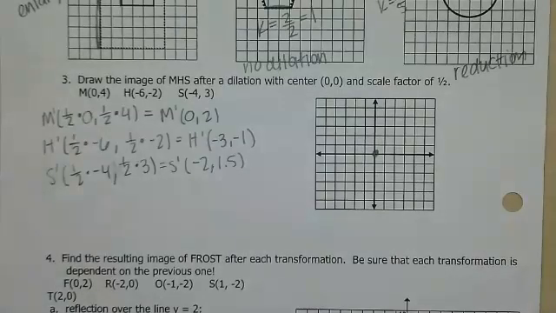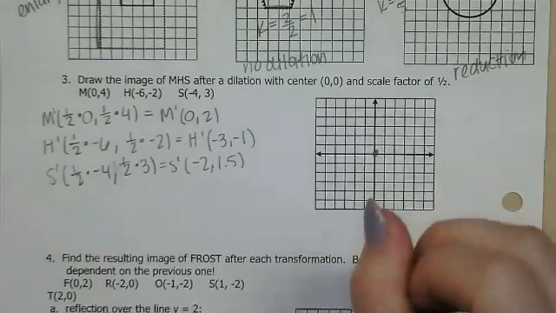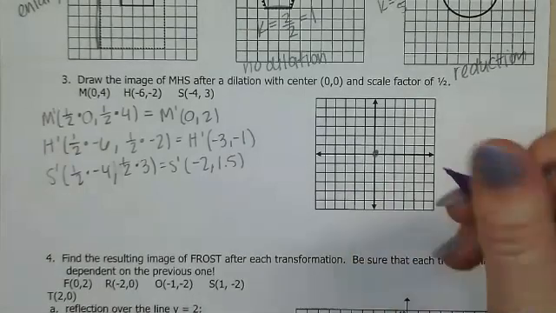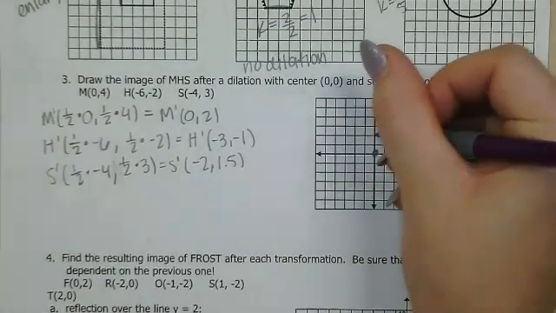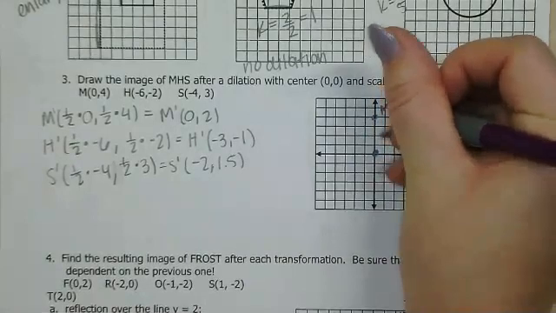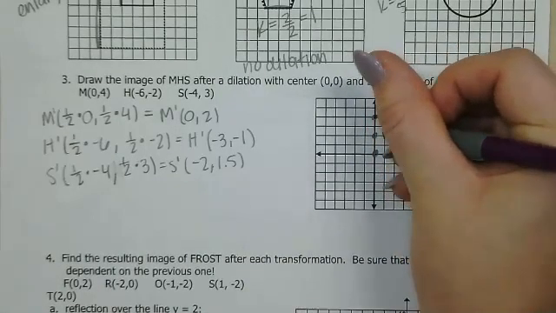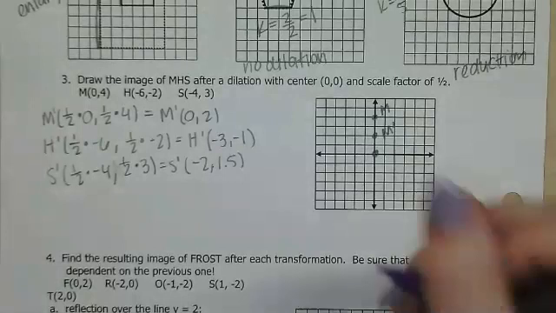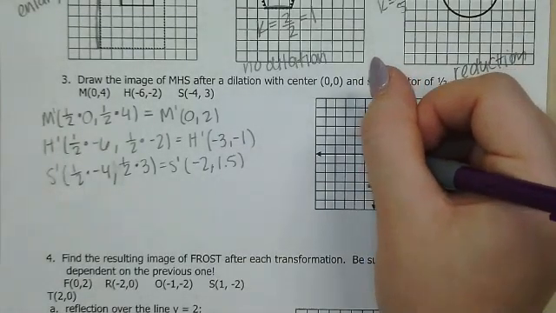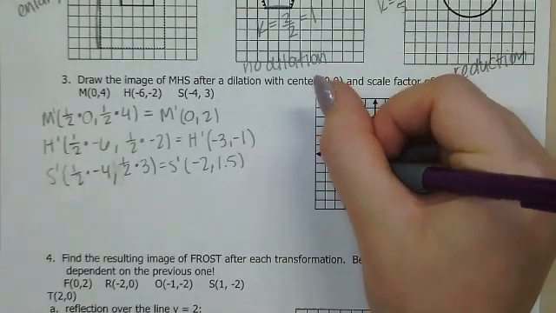Okay, so our original points, let's see here, were at 0, 4 was m. M prime we said is at 0, 2. Okay, and then we said that h was originally at -6, -2.